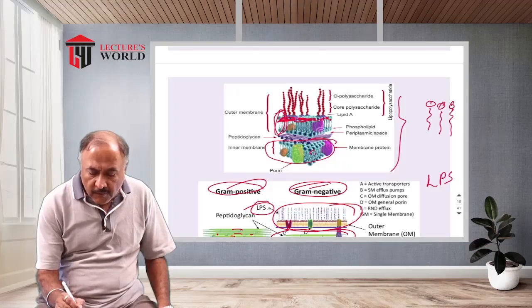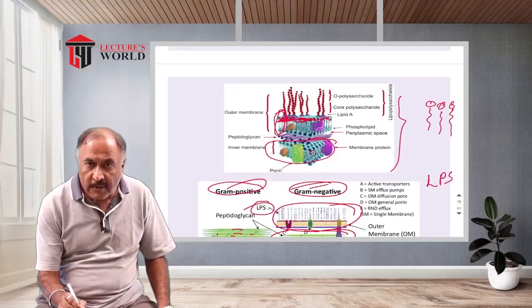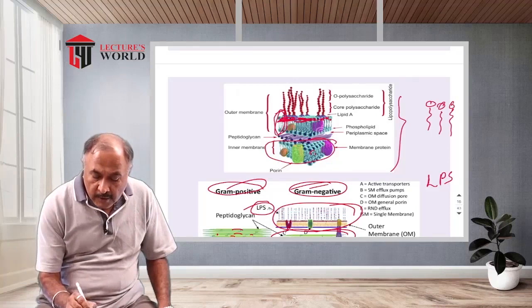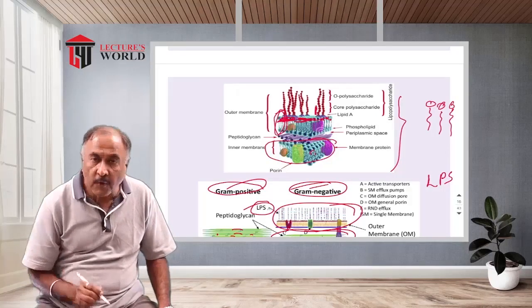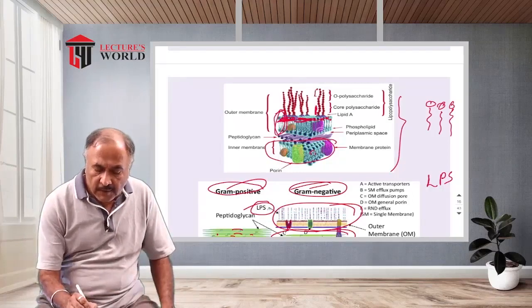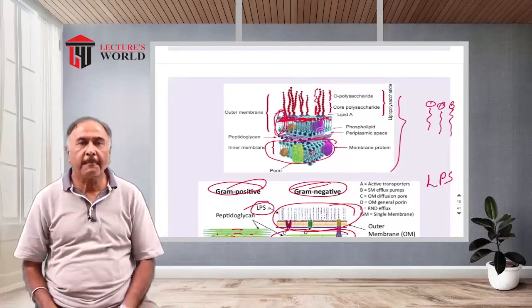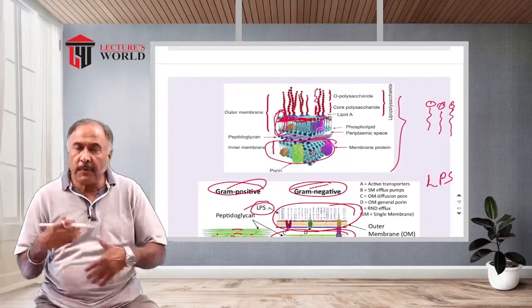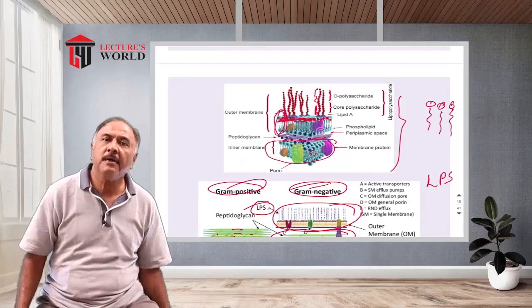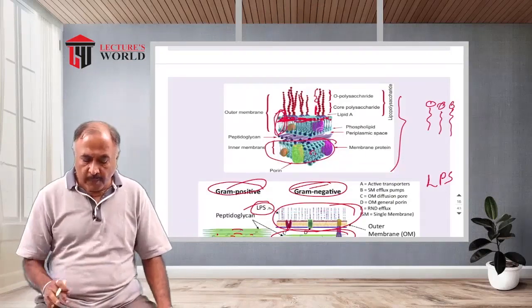And on this we have polysaccharide sugars, of which the ones attached to lipid A, this much, are the core sugars, and this one is the outer polysaccharide. The outer polysaccharides keep changing depending upon the species and within the species also.